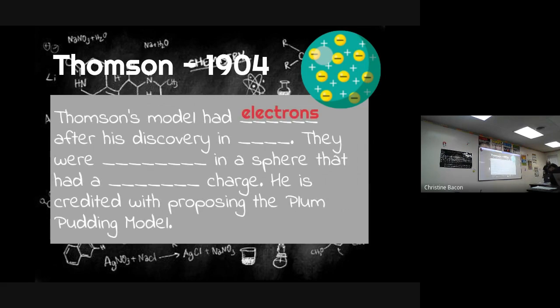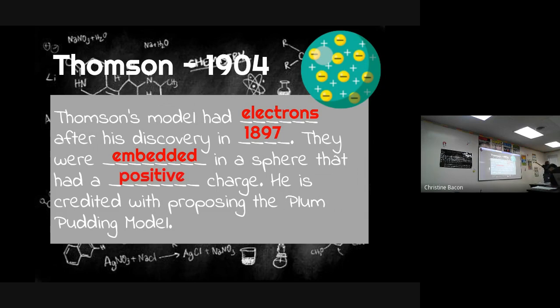But Thomson, because of the law of electrostatic charges, discovered that there's negative charges and positive charges in an atom, okay? So Thomson's model had electrons, and he discovered that in 1897. So he predicted, or he theorized, that the electrons were just embedded in a sphere that had a positive charge.